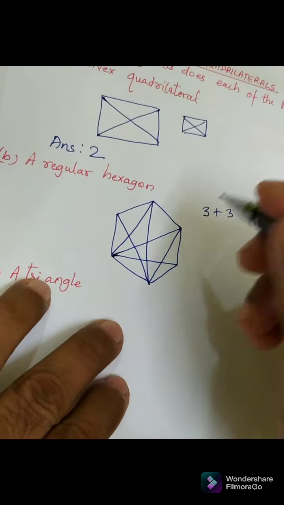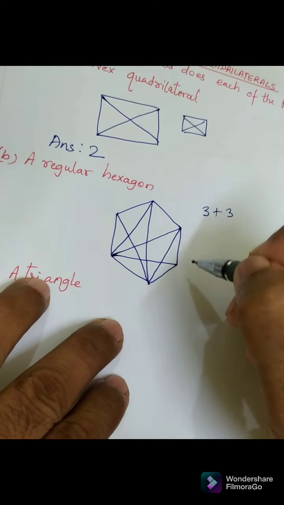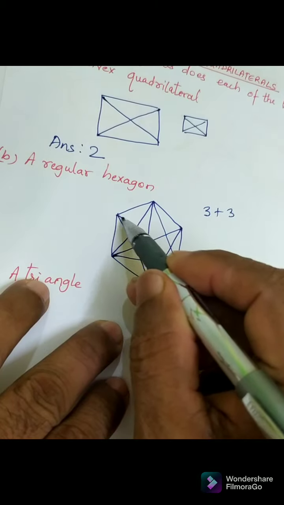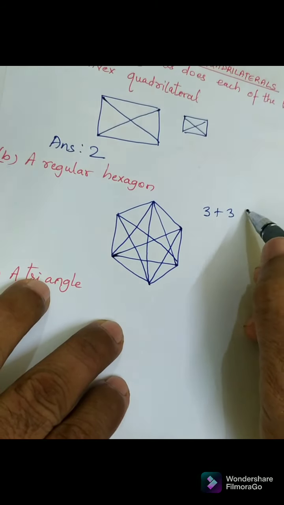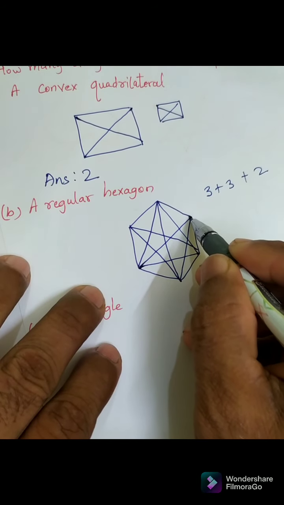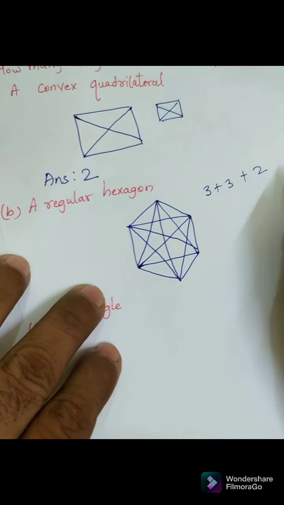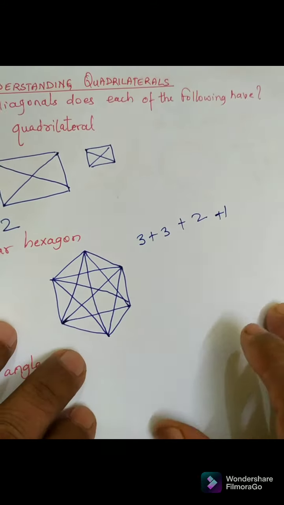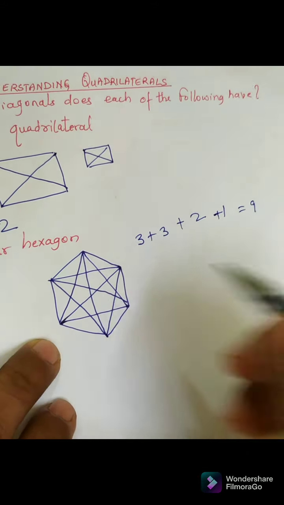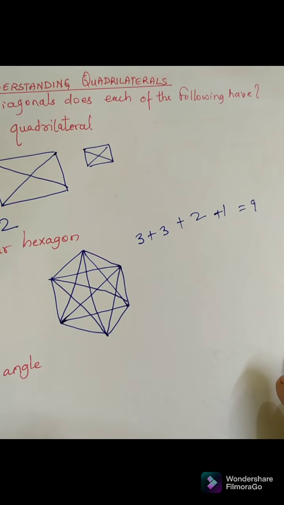From this side we can draw 1, we can draw like this, and here 1. So plus 2. What about this side? Now only 1 is possible. So plus 1. So how many? 3 plus 3, 6 plus 2, 8 plus 1, 9. So a regular hexagon has 9 diagonals.